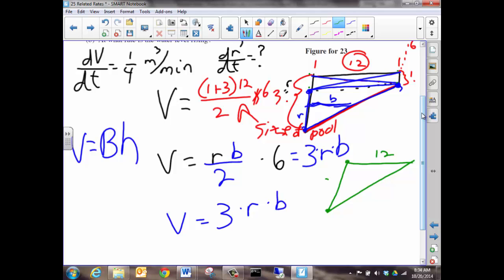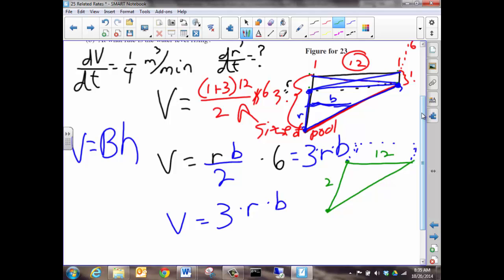It's 2. How did you figure out 2? 2's nowhere in the problem. Very good. Remember, we've got a rectangle sitting on top of this up here. And we know this rectangle is 1. So this part of the triangle must be 2 because the whole shooting match is 3. So we've got 2 and 12. And those are never going to change, right?